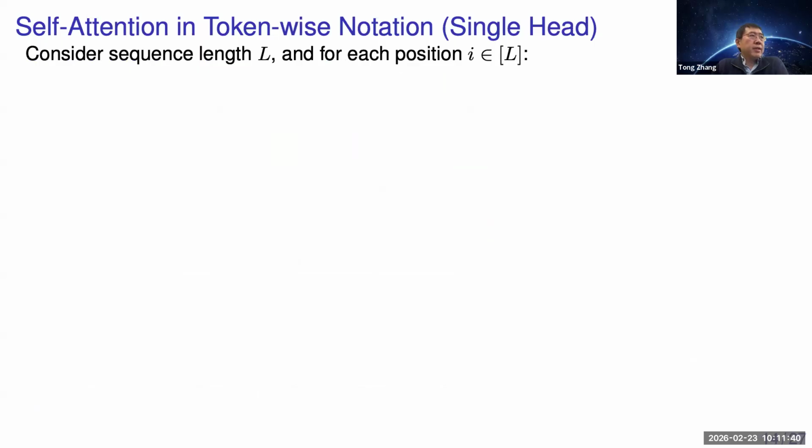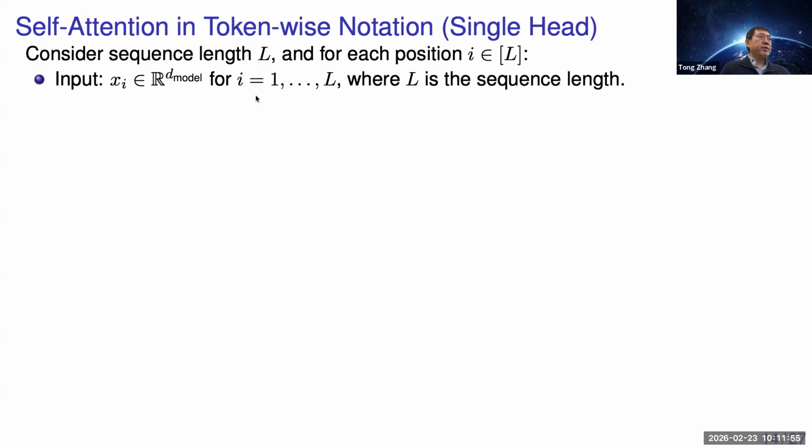Okay, self-attention in token-wise representation. Basically, I will just look at a single token, and then we'll see what self-attention looks like, and then we will make that matrix formulation so that you can see they can be done in parallel. You have input coming from the previous layer, or from the input layer.